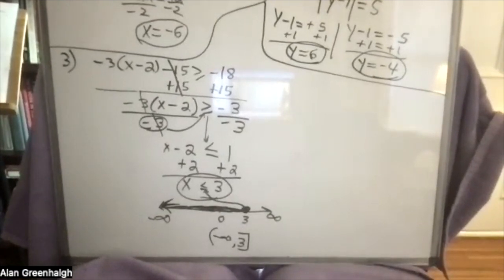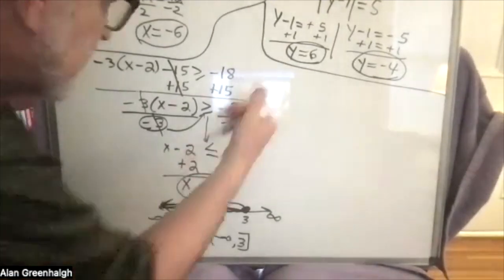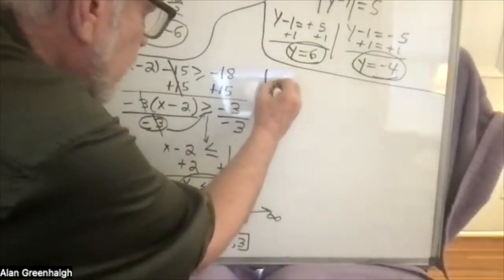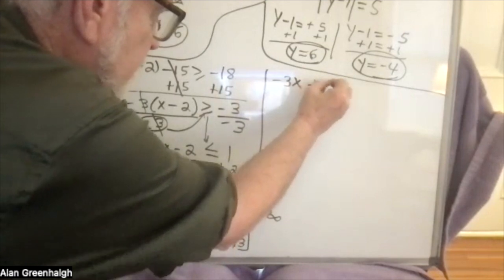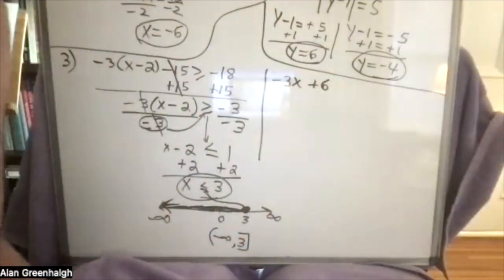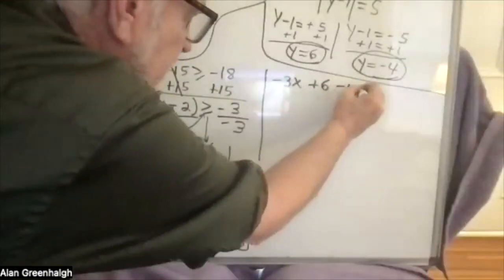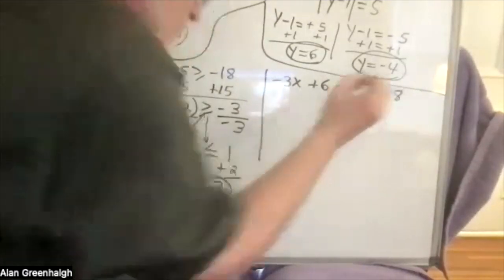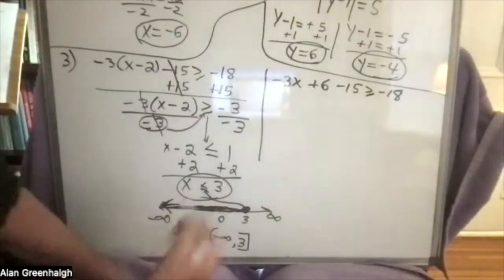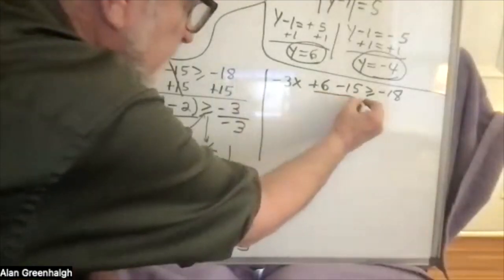Right. Let me write what you said, 3x. See, you should have -3x plus 6, right? Yeah, plus 6. Minus 15, greater than or equal to -18. Yes. And then did you combine like terms?